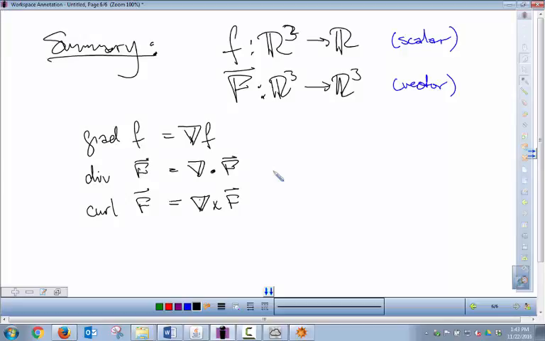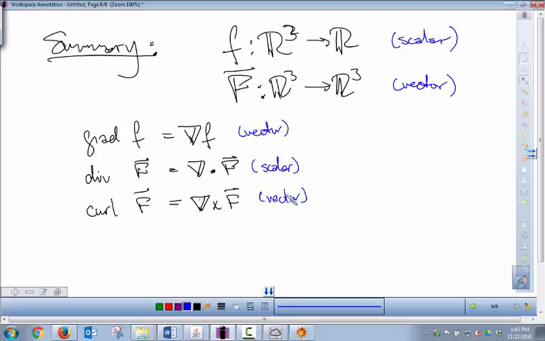Now beyond this, you can combine things as long as you know what your outputs are. And we know that when we take the gradient, we get a vector. When we take the div, we get a scalar. And when we take the curl, we get a vector.